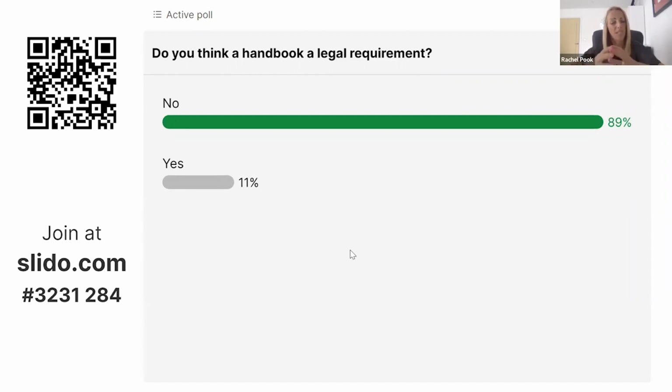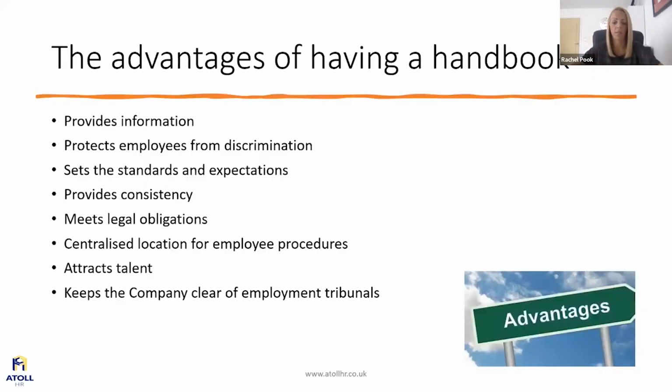So although that's not a specific handbook, then yes, there are things that you do need to legally provide to your employees. I always say it looks nice to have an equal opportunity statement. We would advise our clients to have something just to show that actually you value everyone and you are a diverse employer.